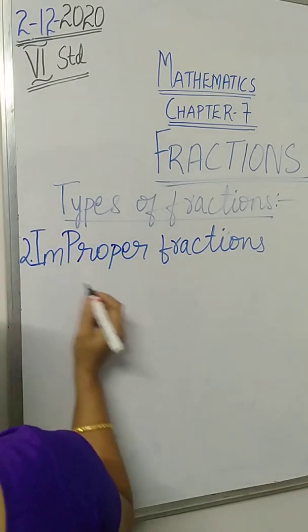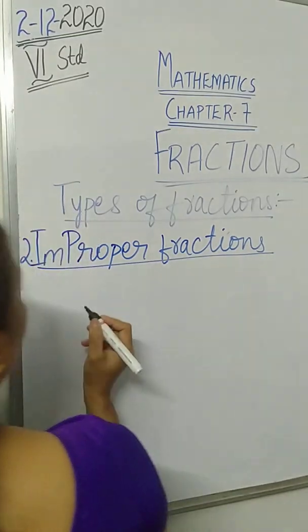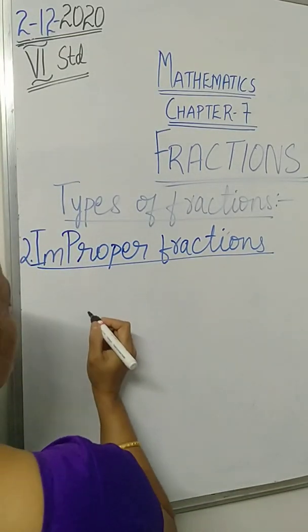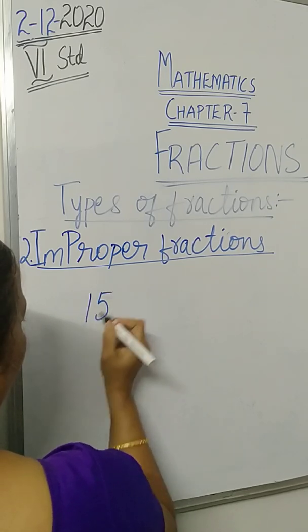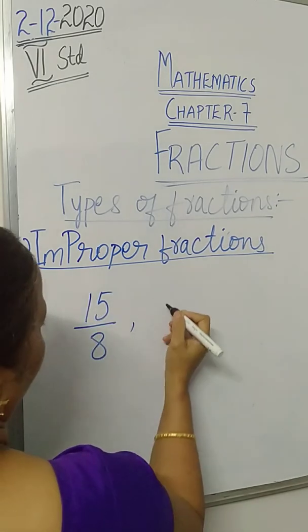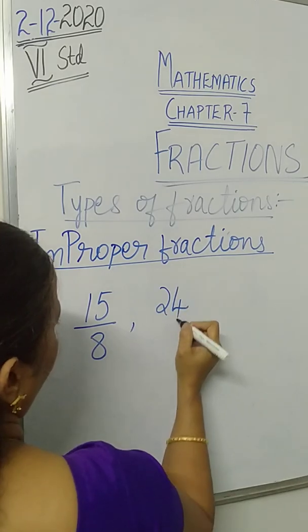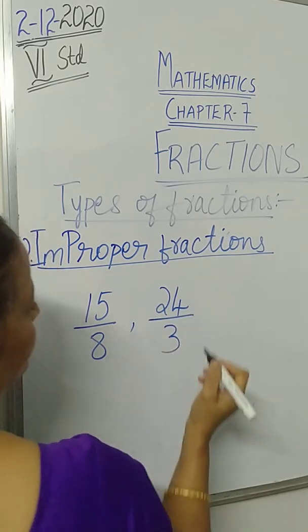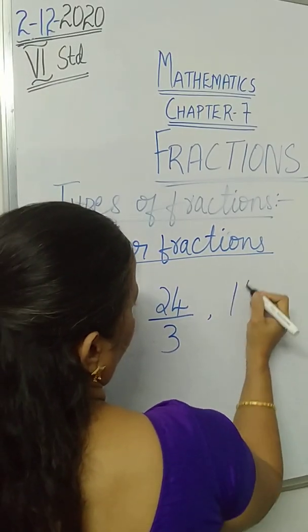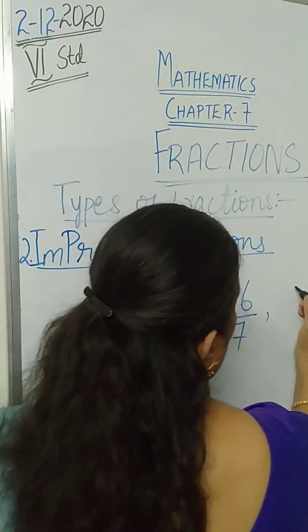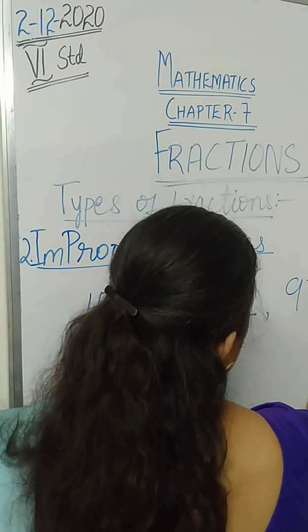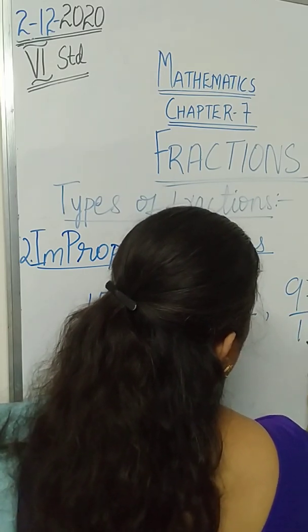Let us see how it is. As I told you, the denominator will be smaller than the numerator. Now look here, 15 by 8 or 24 by 3 or 16 by 7, or you can take 97 by 12.